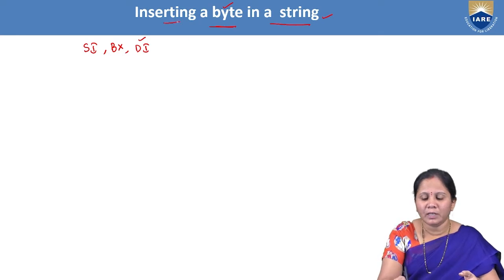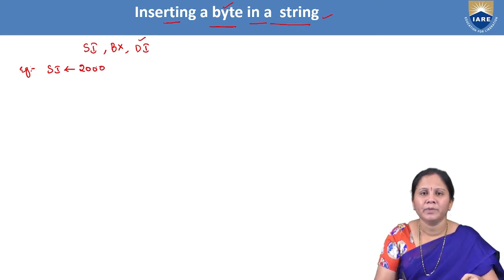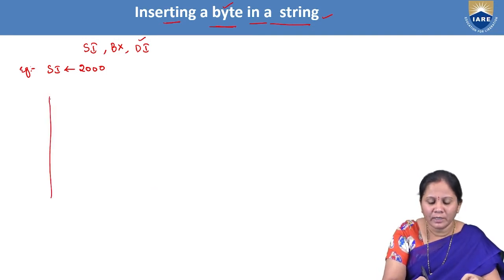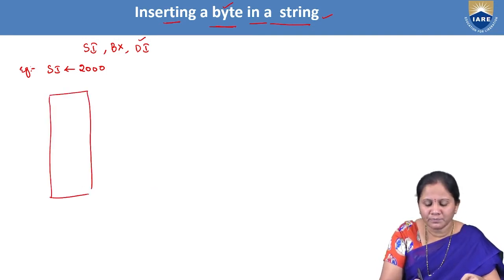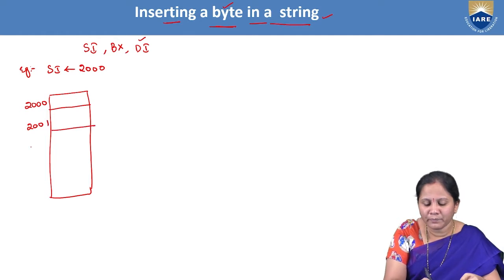So for example, let us have a small idea of how to write an assembly language program to insert a byte in a string. Consider the SI register with a memory location 2000. So initialize the SI register with a value 2000. From the 2000 location, you are going to take inputs.